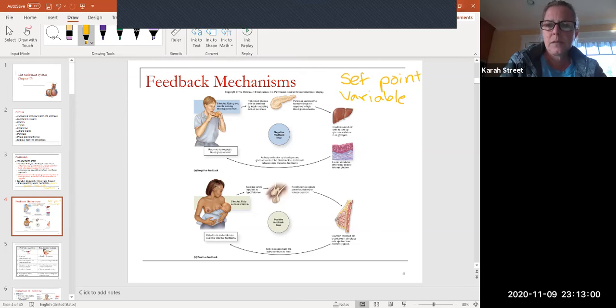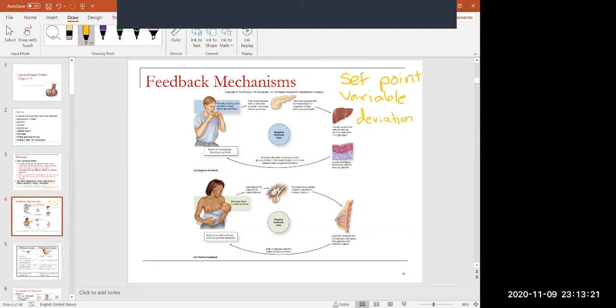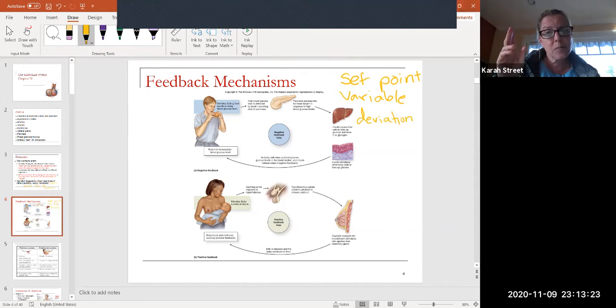Deviation means your variable goes beyond normal set point, beyond normal healthy range. That's when on your blood and urine analysis, they get flagged when you go too high or too low.